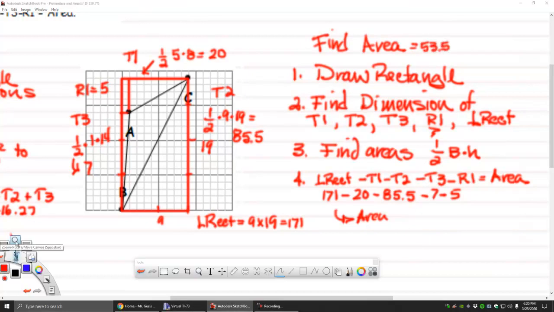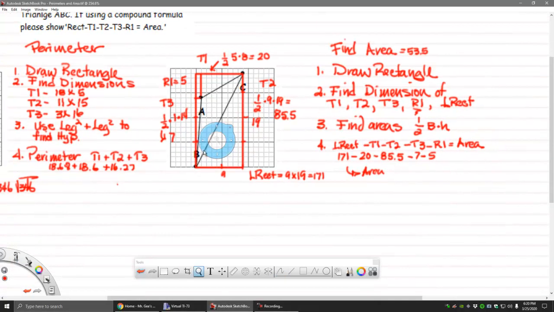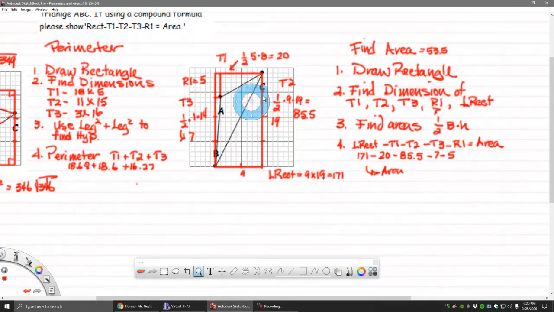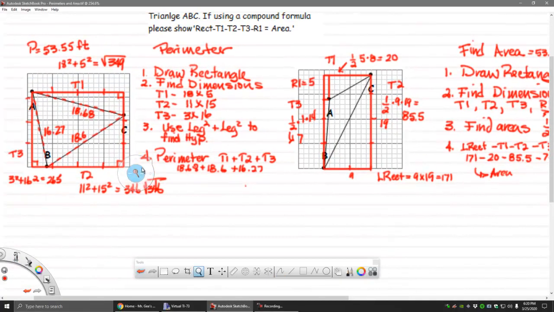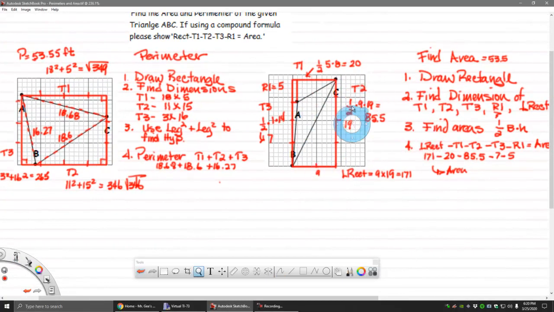Now, if you wanted to find the perimeter of this one, you use the same dimensions here to find the hypotenuse, 3 sides, and you could add them together. And on this one over here, if you wanted to find the area, you basically do the same thing. Now, what will happen over here, you won't have any other little rectangle like this, because we don't have that on this one, and so you just have to deal with the 3 triangles and subtracting from the big rectangle.